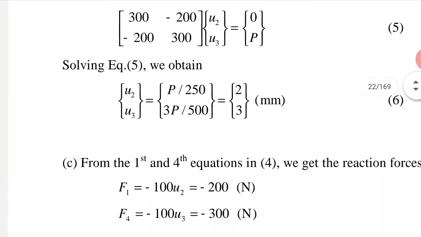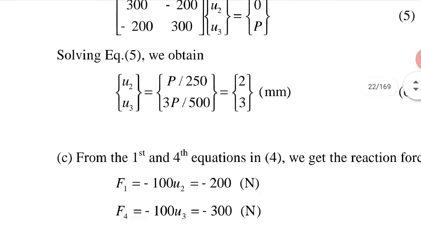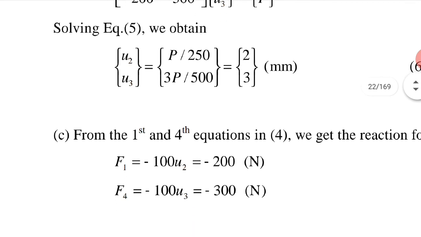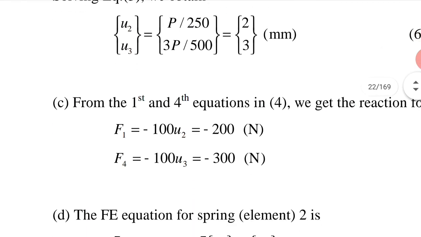Here the reduced matrix K is 300, minus 200, minus 200, 300, multiplied by the matrix U2, U3, equal to the force matrix 0 and P. After solving we get U2 equal to 2 and U3 equal to 3 mm.